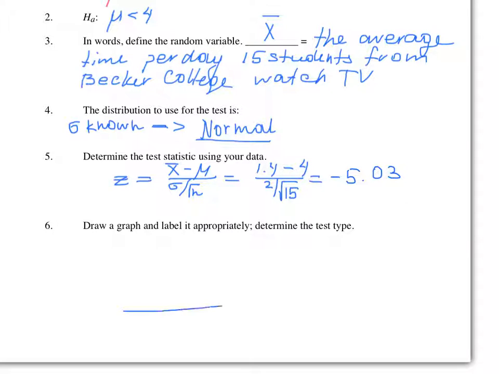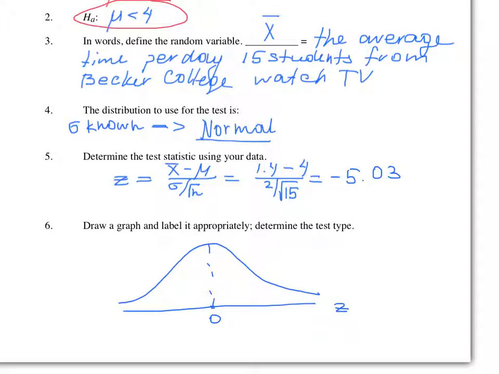But before I do that, I need to draw a curve. That is a normal curve. I'm going to just put z-scores on the scale. And now I need to look back at HA and determine what type of test I have.